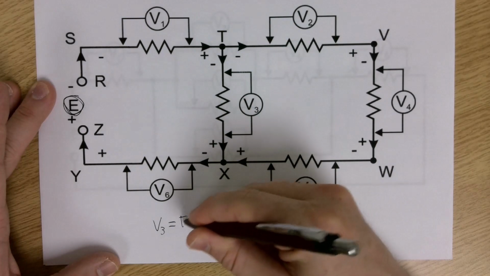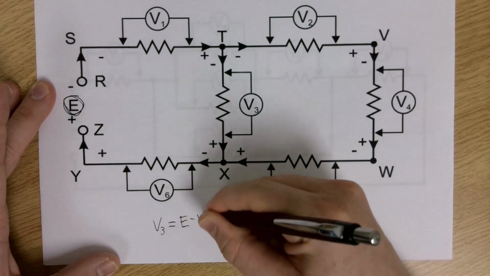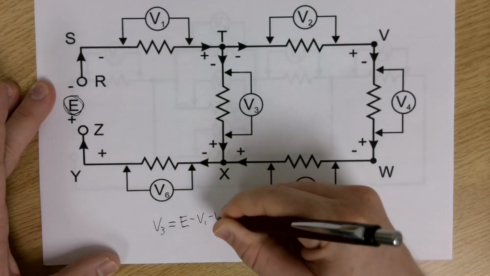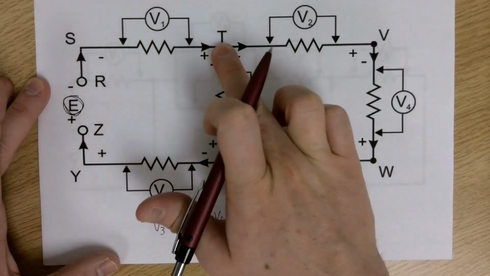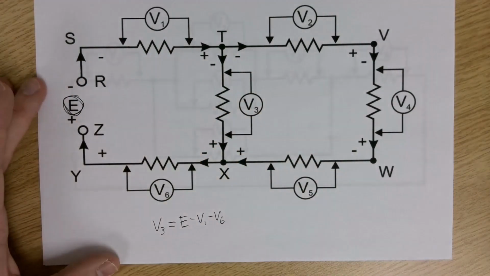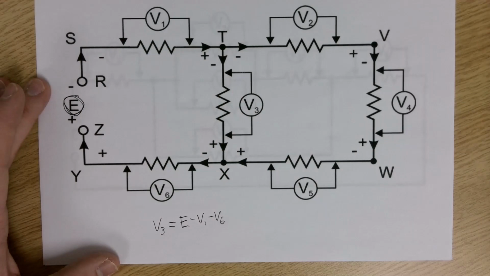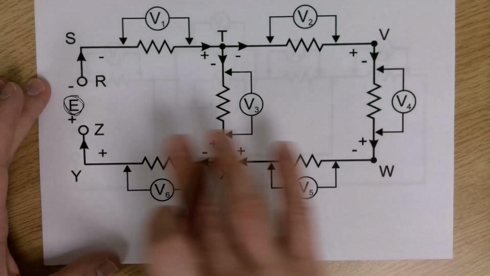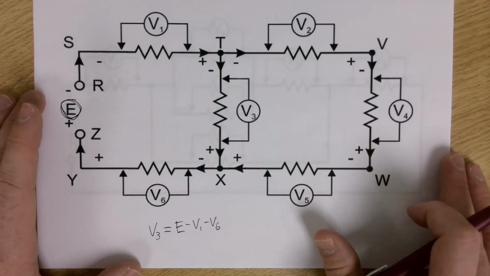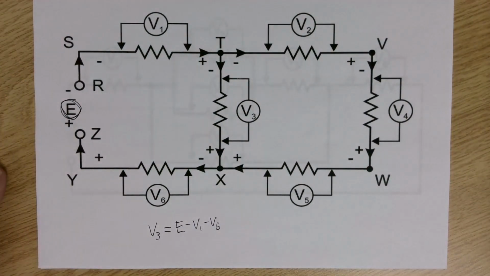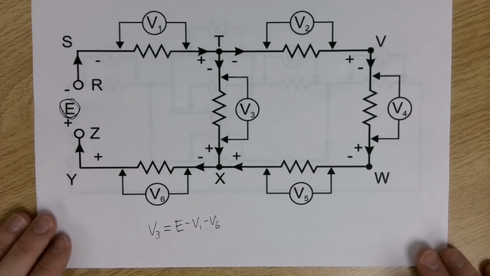So I would take E minus V1 minus V6, and that's going to give me V3. I would just follow this around like it's a series circuit, even though it's a series parallel circuit. I'm going to break it up into small parts, use the formulas and the math that I know, put those values in, and then expand back to the full size of the circuit.